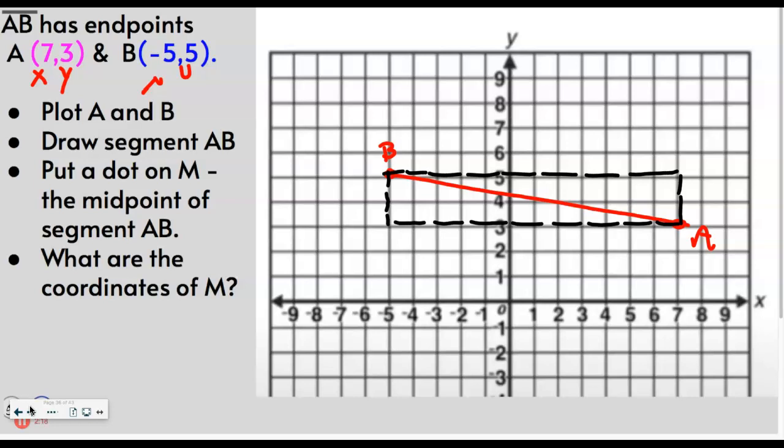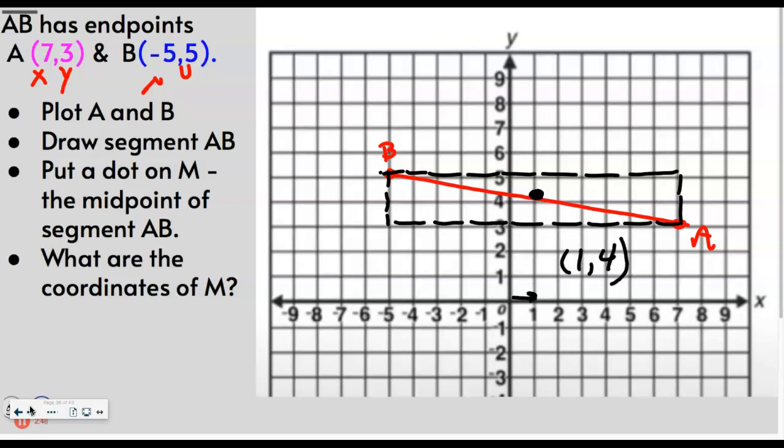Your midpoint has to be right smack in the middle of that box, in the middle of the x's and in the middle of the y's. This is 2 units, so I'd be 1 up. But anyway, you can just see where it is when you put it in that box. It looks like it's 1 to the right and 4 up.